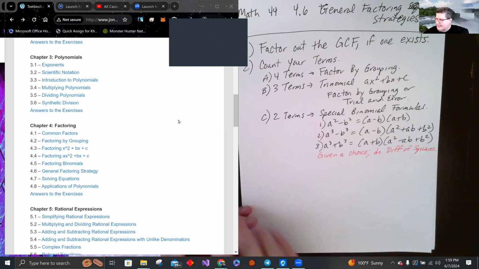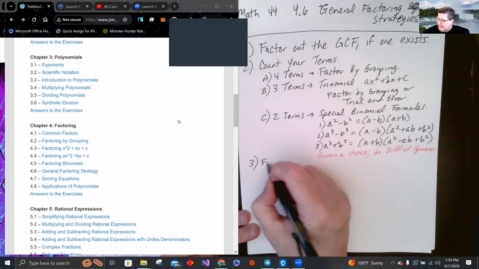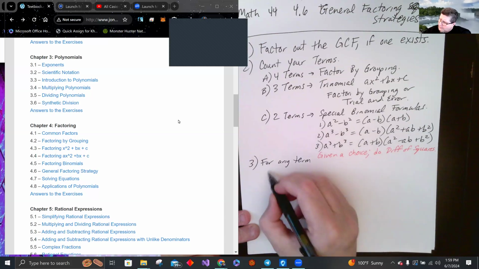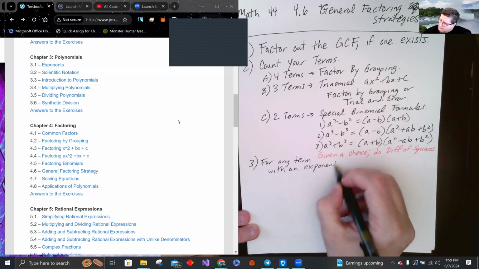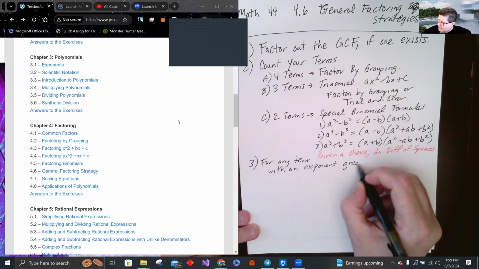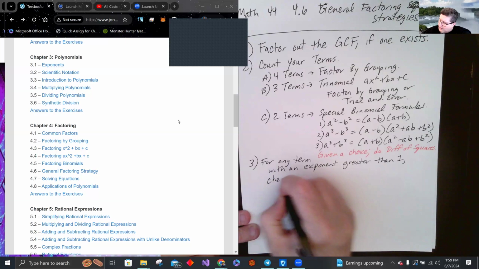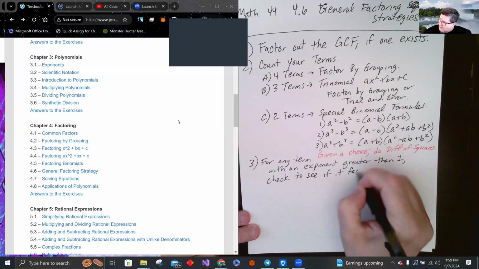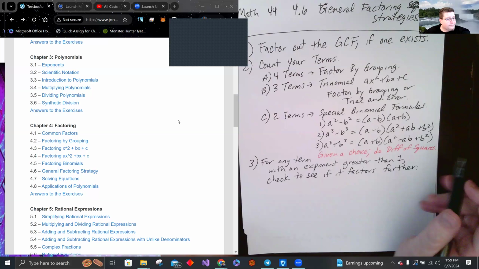All right, once that's done, you'll have 1 step factored. What you need to do now is, for any term that has an exponent greater than 1, check to see if it factors further, like we saw in a couple of the examples.